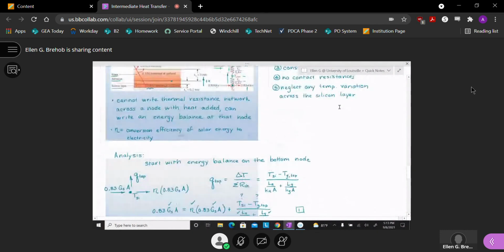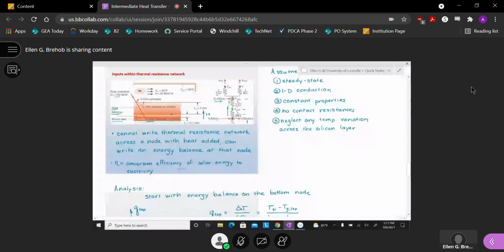And in that way, I can do energy balances at these nodes. And I can write the resistance element across a set of nodes as long as there's not heat addition across that node. Okay, so the main point of that problem was I can use the resistance element method.